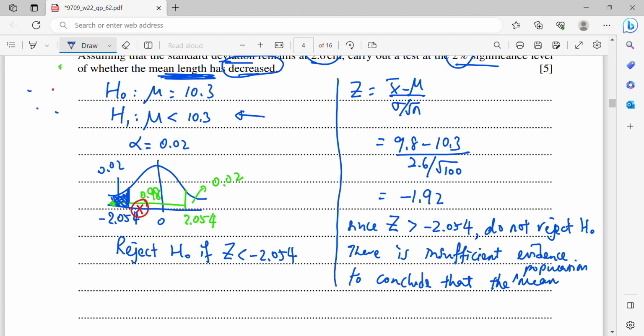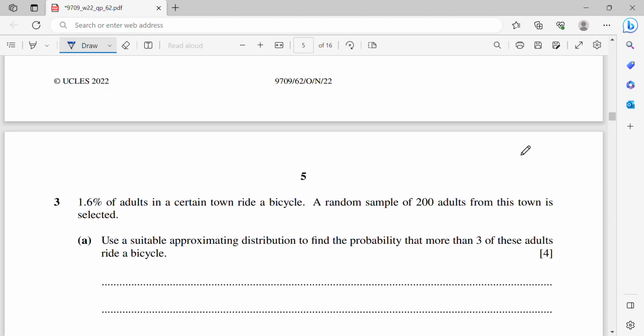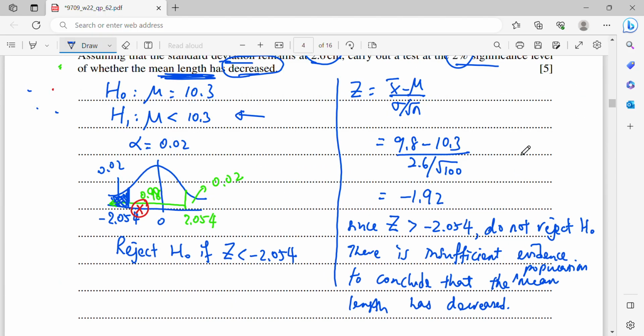The mean length has decreased, right? So that's the solution for question 2.